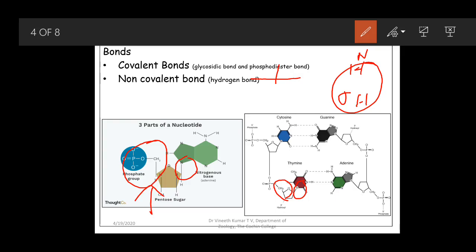When this particular nucleotide pairs with or polymerizes with another nucleotide, you can see the nucleotide which is seen above the particular nucleotide bonds here.